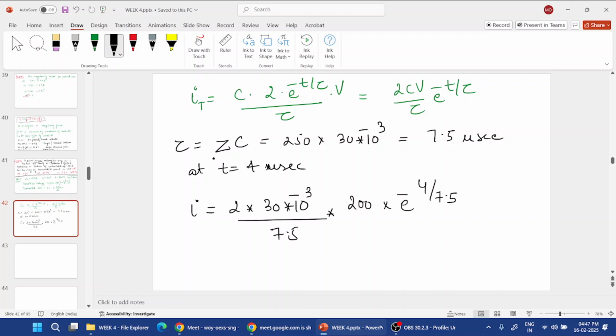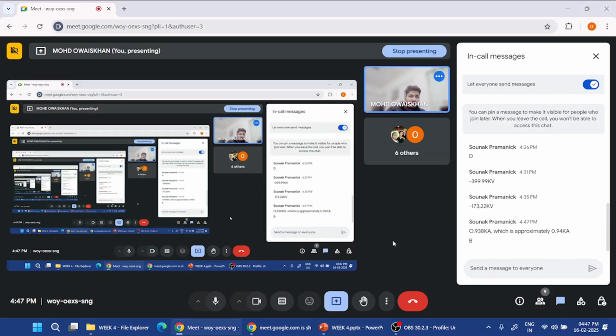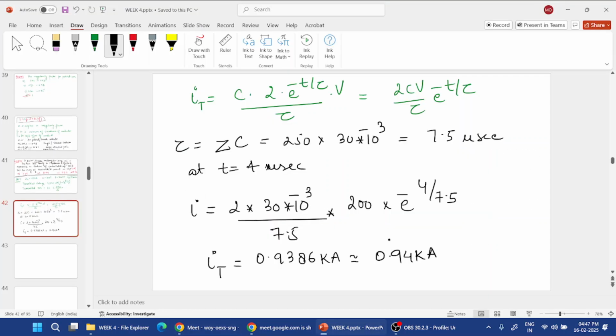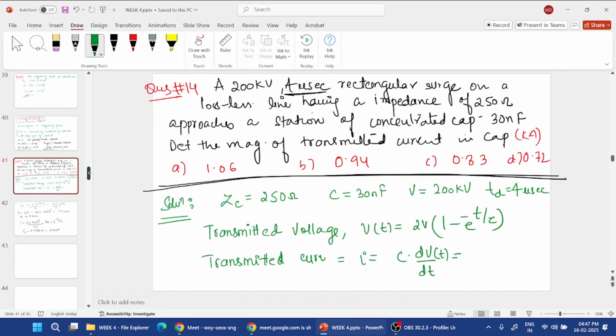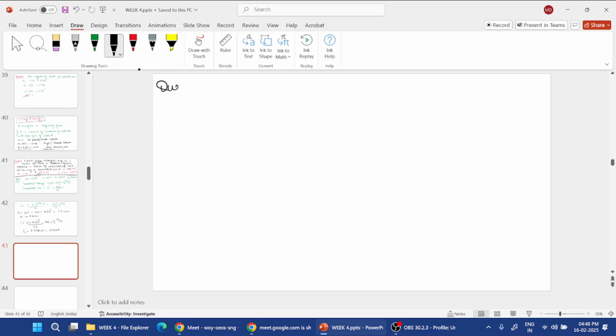If we solve it, i(t) comes out to be 0.9386 kiloampere, which is approximately 0.94 kiloampere. So the correct answer to this question will be 0.94. Okay, so now next question.